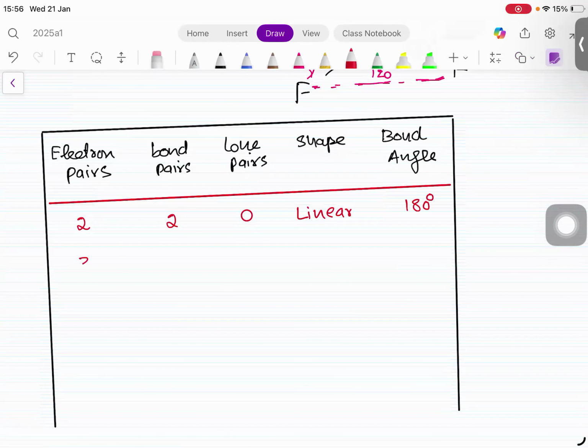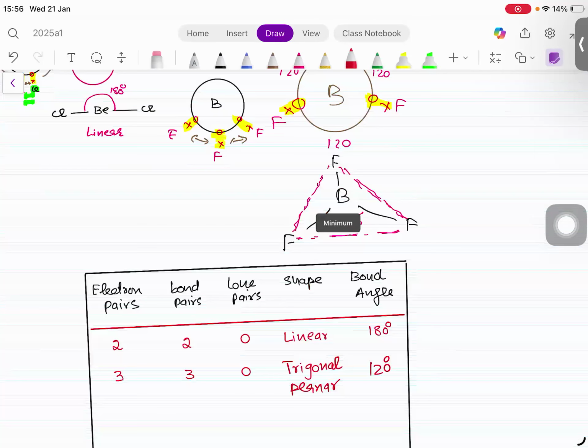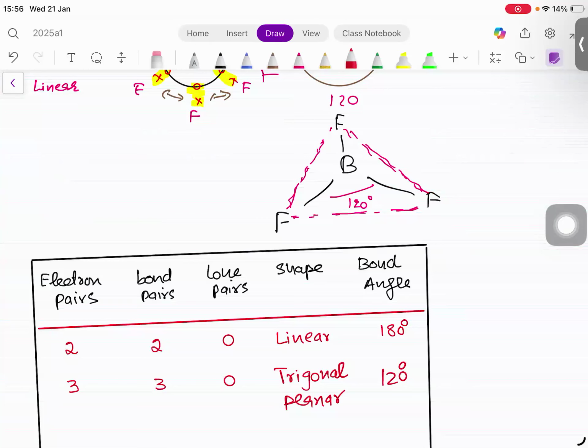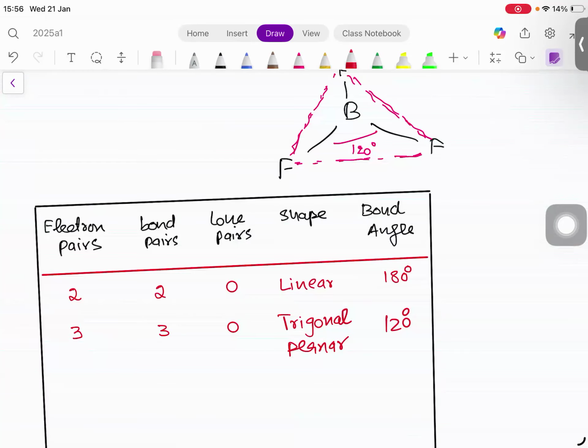Similarly, if there are three electron pairs, three bond pairs, zero lone pairs, what was the shape? Trigonal planar, with a bond angle of 120. You can call it trigonal planar, so it looks like a triangle. This is how we predict the shape of the molecules.